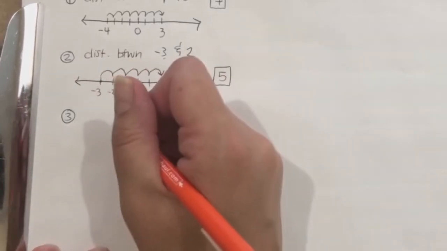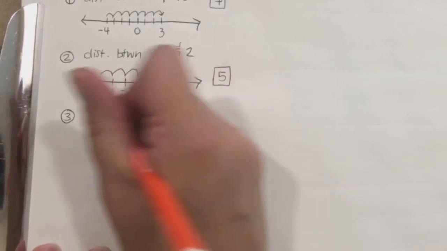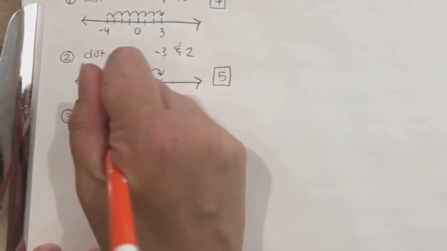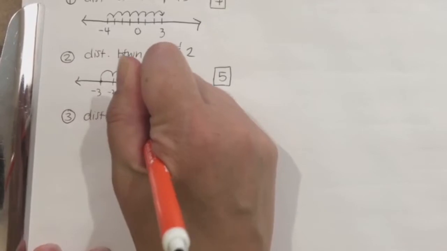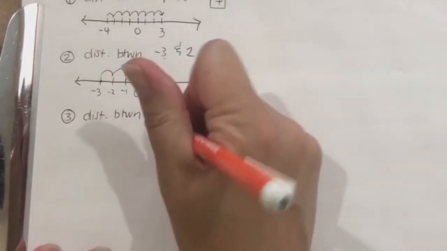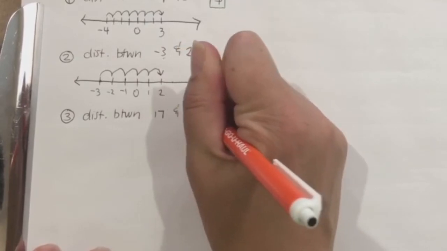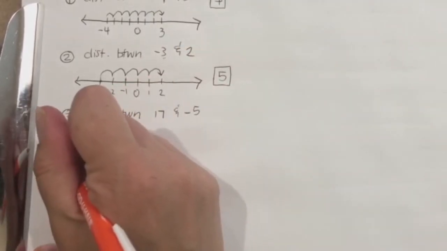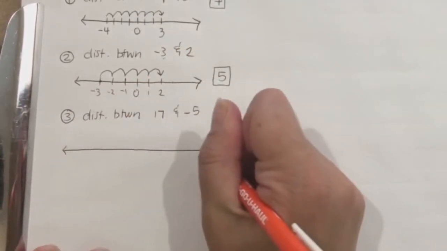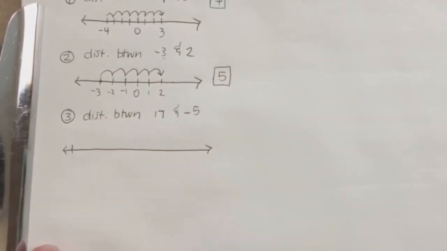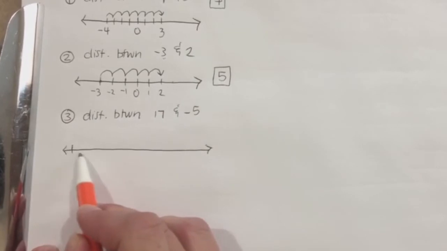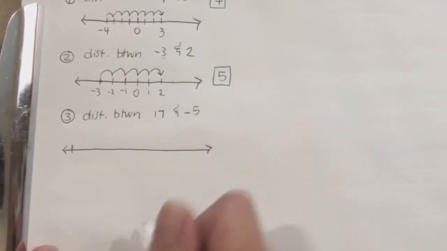Number 3, find the distance between 17 and -5. We might need a little bit longer number line, I think. So distance between 17 and -5. All right. So let's put -5 all the way at the very start of the number line so that we have room to get to +17 up there.